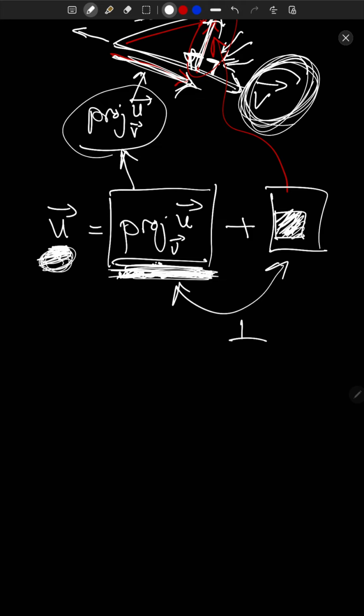And then plus something that's perpendicular to it. Vectors which are perpendicular interact very nicely, in that their dot product is 0. So we very much like this kind of breakdown, to write u as something plus something else where the two things are perpendicular to each other. One word you might hear in the future is orthogonal decomposition.